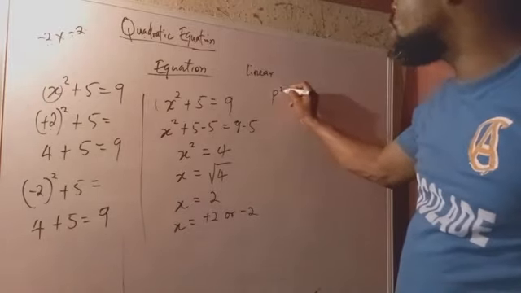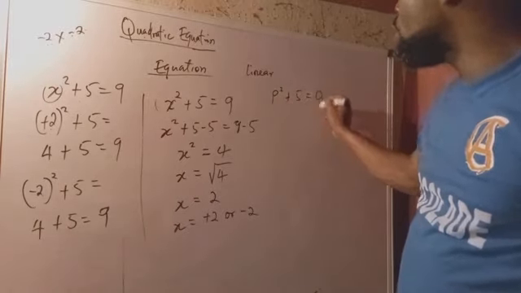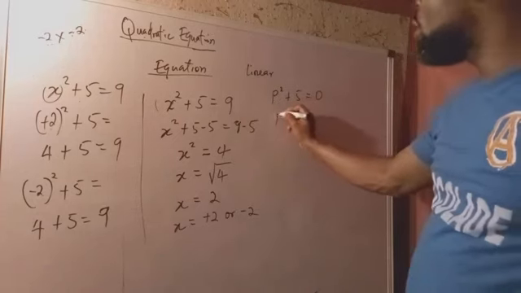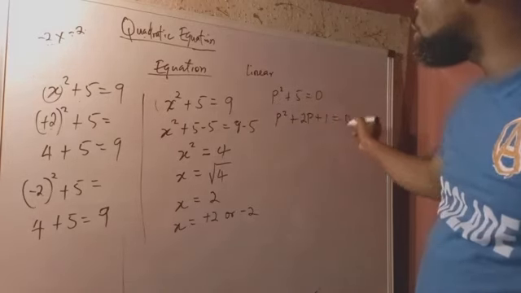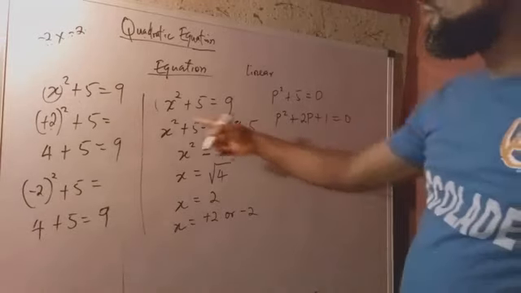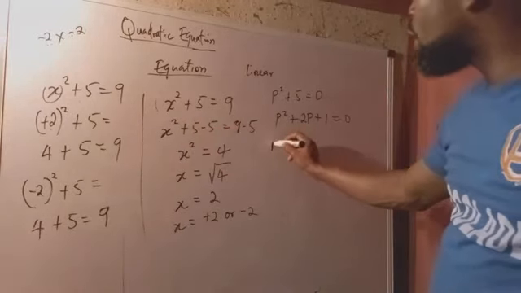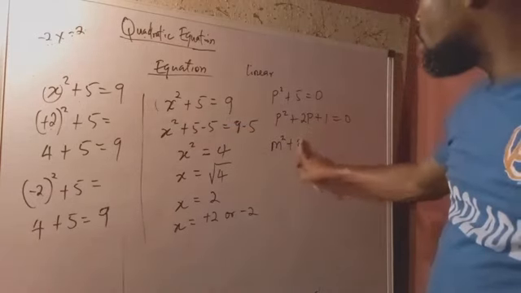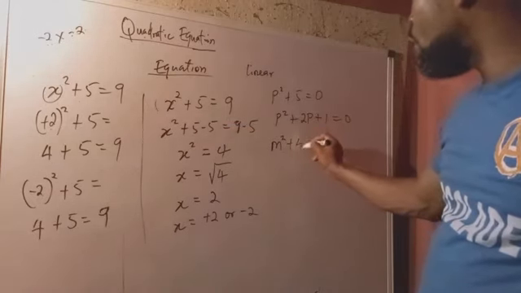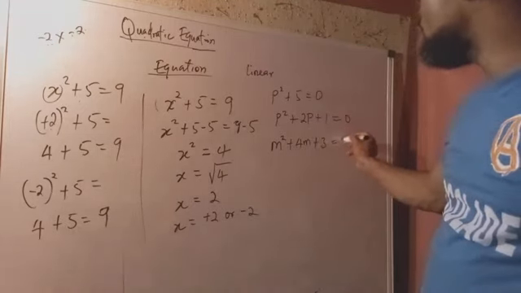For instance, p squared plus 5 equals 0 is a quadratic equation. p squared plus 2p plus 1 equals 0 is a quadratic equation. It must not be x, right? I can have m squared plus 4m plus 3 equals 0.